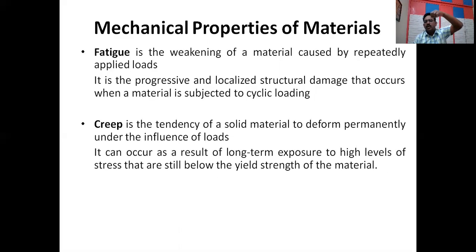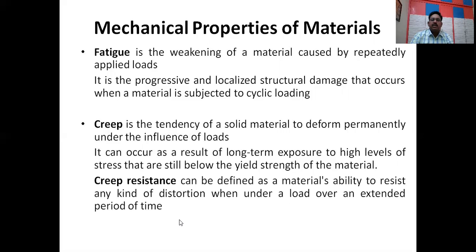For example, a load is applied on a material, and though the material has enough strength to resist this load, when it is exposed to high levels of stress for a long period of time, it may fail. This tendency of deforming permanently or failing is called creep.